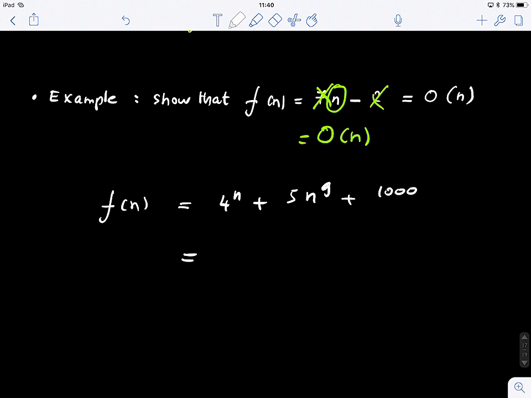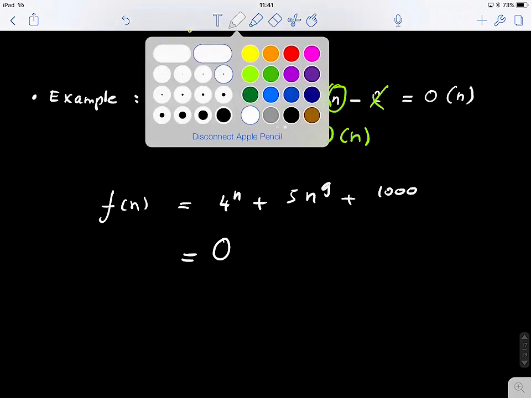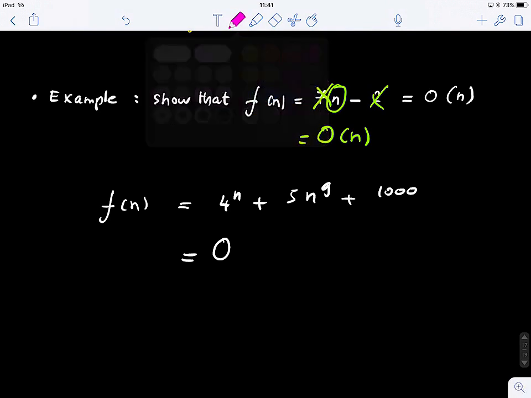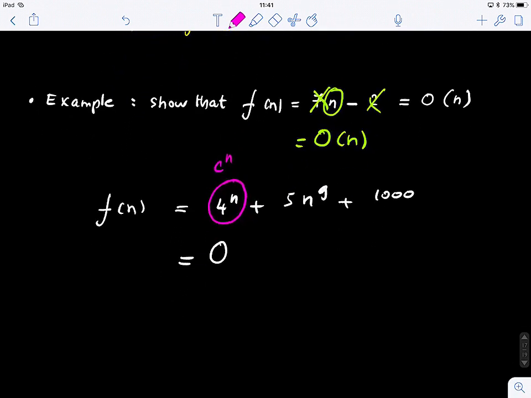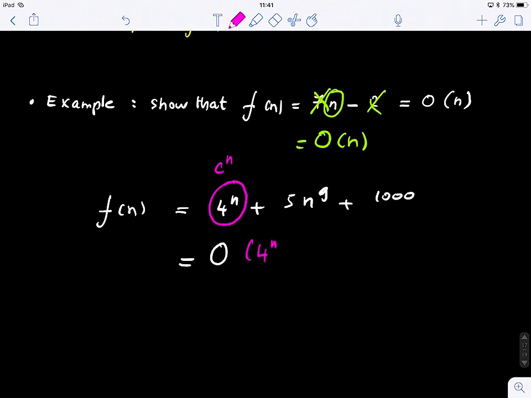What is the order of this function? What is the term with the highest order that, when n tends to infinity, will take over this function? Yes, this is c to the n. This is exponential. So it's in the order of 4 to the power of n.